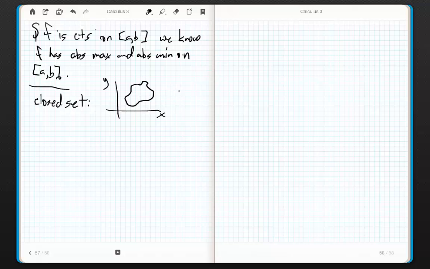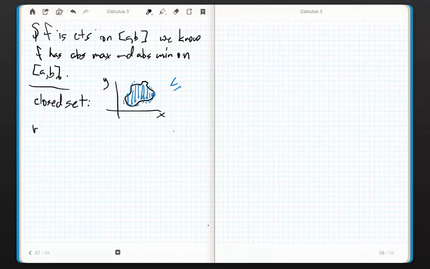I'm going to call this B, the set of x, y such that... It's not partially dotted. There's not an open dot here. All of this in here is surrounded by a hard less than or equal to boundary line. That's the definition of a closed set.